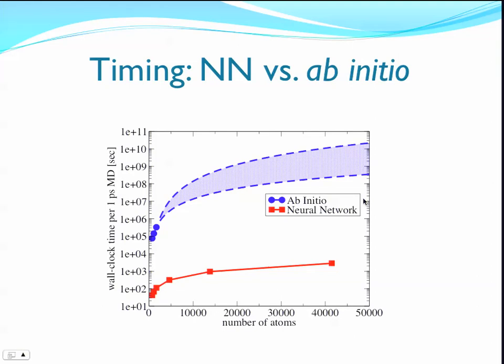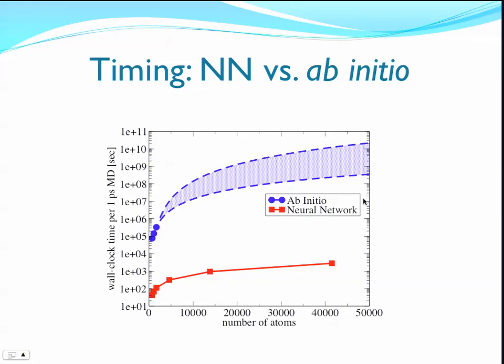in this region, still quadratically or even cubically with the system size. So for a system containing 50,000 atoms, the neural network code is approximately 6-7 orders of magnitude faster than direct ab initio simulation.